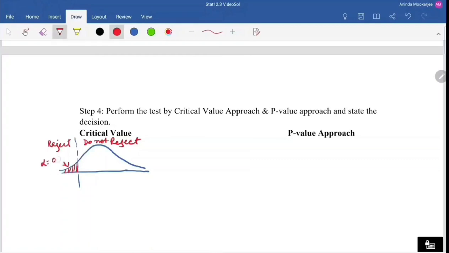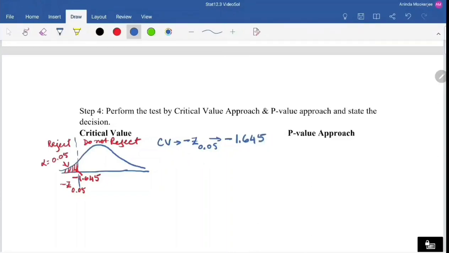It's alpha equals 0.05, and here's the cutoff. So we said the critical value is going to be negative z of 0.05, which comes out to negative 1.645. So our critical value, the CV, is negative z of 0.05, which from the table appears to be negative 1.645.